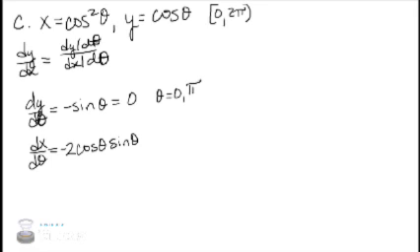And then for dx/d theta, when is the product -2 cosine theta sine theta going to equal 0? Well, it's going to equal 0 when sine is 0, so we just mentioned that's when theta is 0 or pi. But also when cosine is 0, which means pi over 2 and 3 pi over 2.